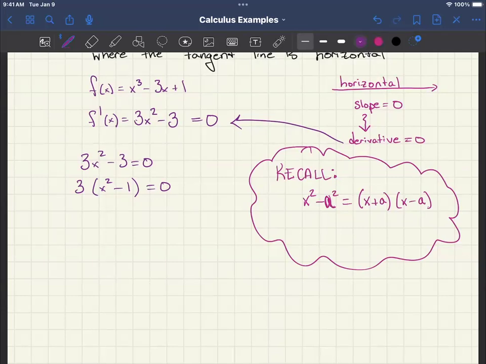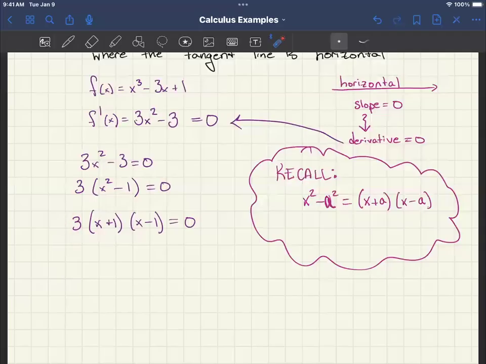In this case, our a would be 1. So we can break this into x plus 1, x minus 1 is equal to 0. And when we have multiple things that we're multiplying to get 0, that means one of those things that we multiplied has to be 0 to begin with. Well, 3 we can just ignore because it's never 0.